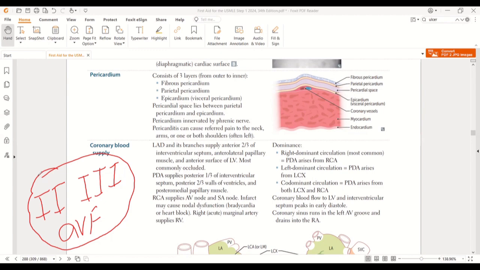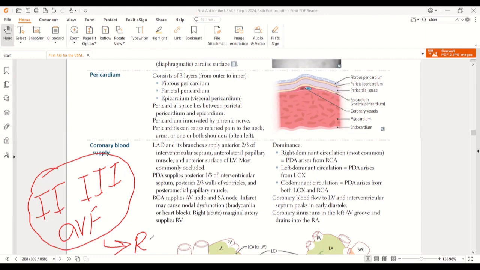So it is a multi-layered question: they give you the MI, give you the ECG, and you have to identify the findings in the ECG, leads II, III, aVF.